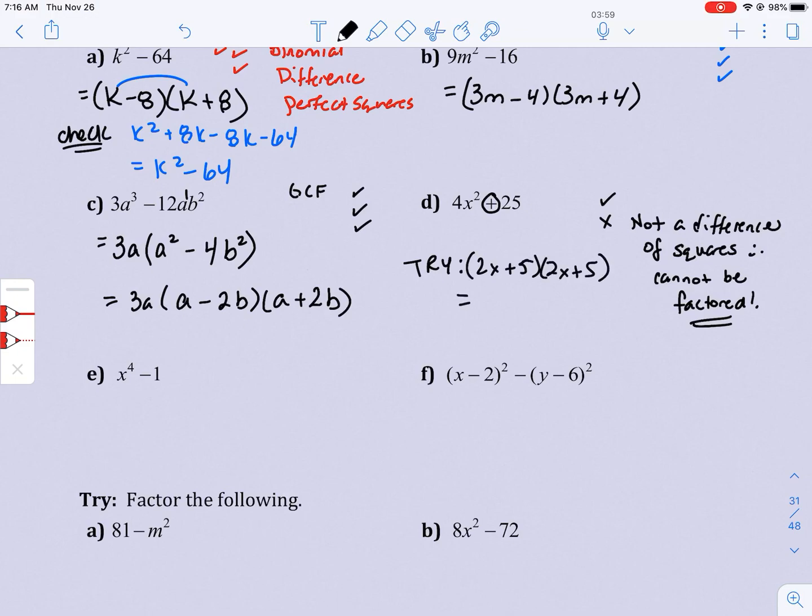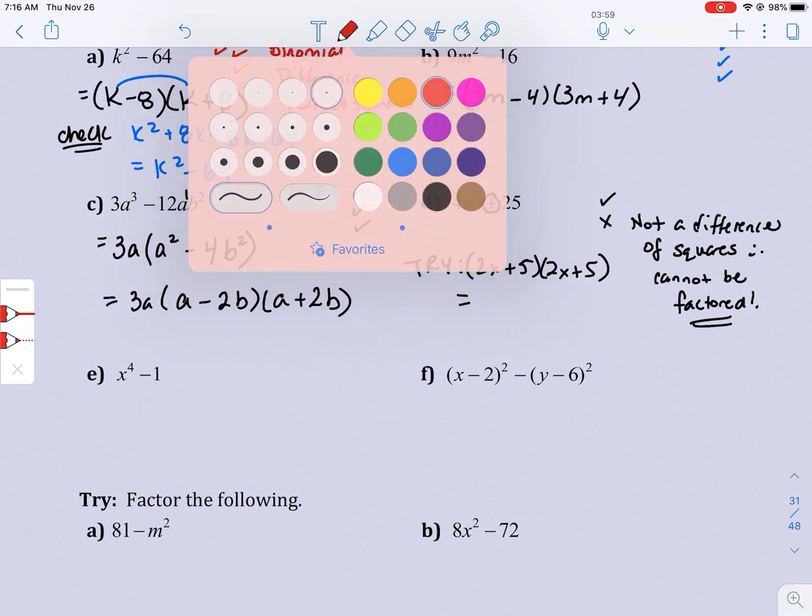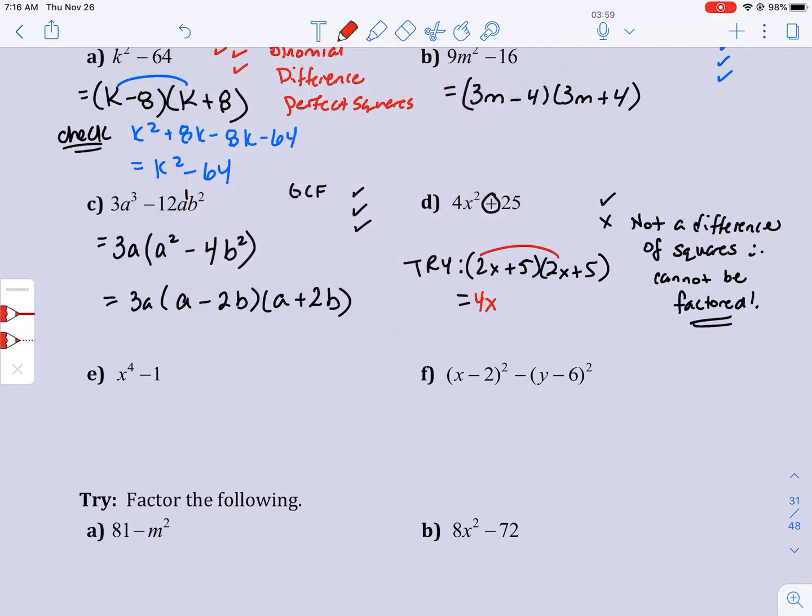If you try that, then you will get 4x squared plus 10x plus 10x plus 25, which is 4x squared plus 20x plus 25. These two terms do not cancel, so this cannot be factored.